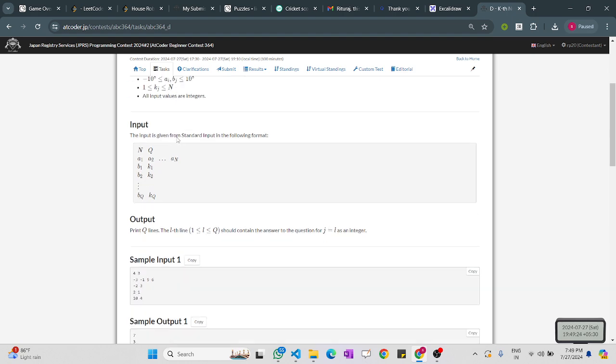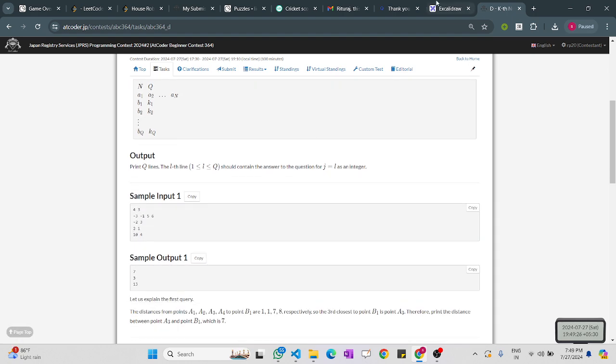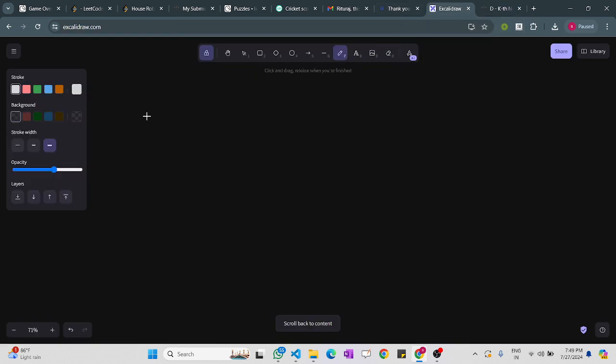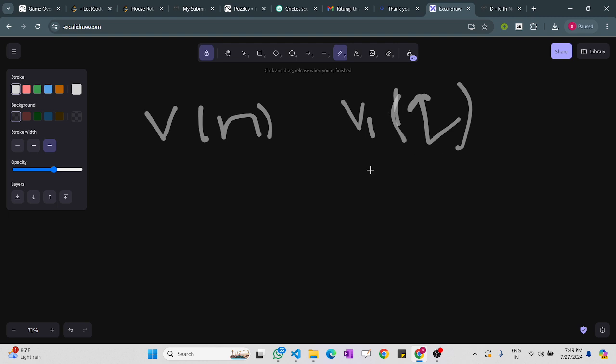So talking about the question, what has been asked is, let's discuss. We have been given one array, let's take v of size n, and we are also given two other arrays, let's take v1 of size q and another vector v2 of size q. So these are three vectors we have been given.